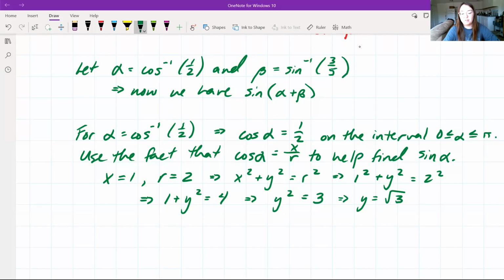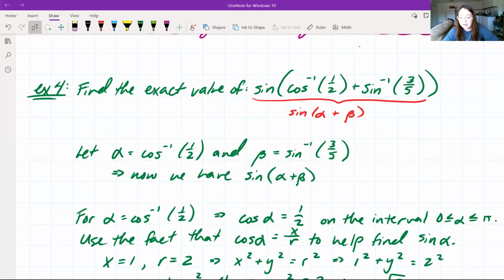So we want to find sine of alpha because sine of alpha plus beta is going to simplify down to sine of alpha times cosine of beta plus cosine of alpha times sine of beta. So our missing values in this case are going to be sine of alpha and cosine of beta.